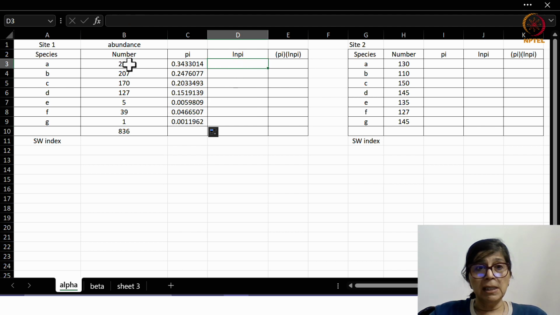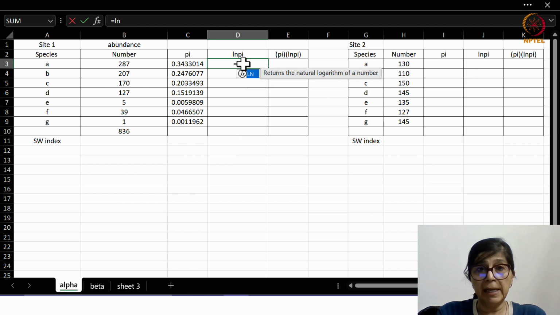Then, as you can see, based on the number of individuals, the proportion of A is much higher than most of them, and G is the lowest. Then we go to the second column. You can type another equals sign and then select LN. So ln is the natural log.